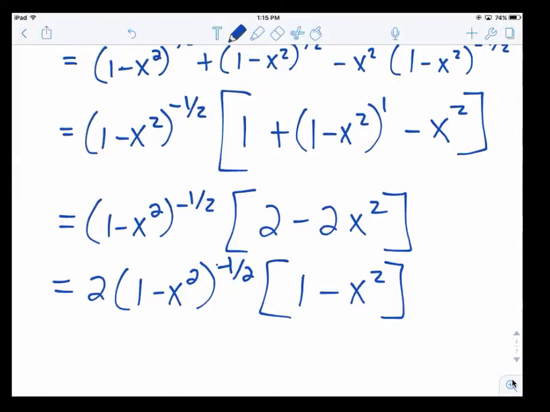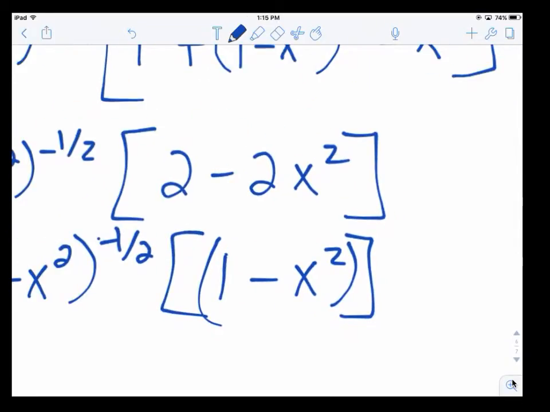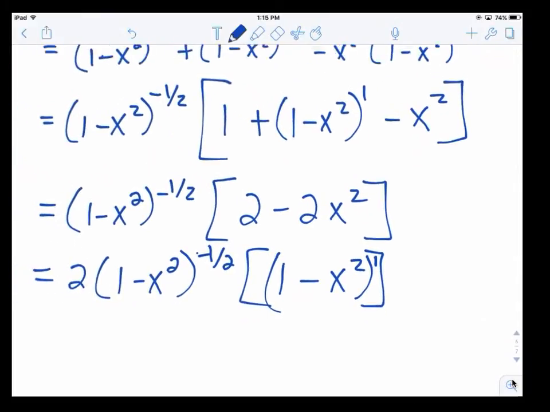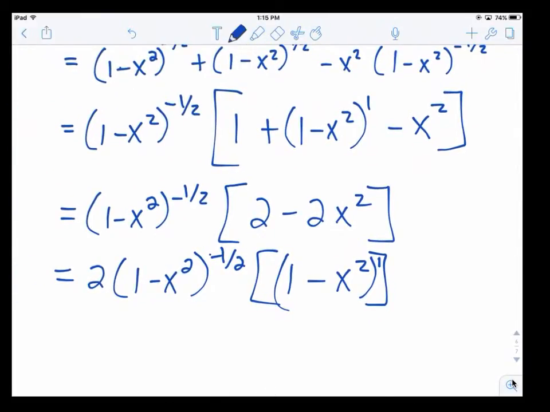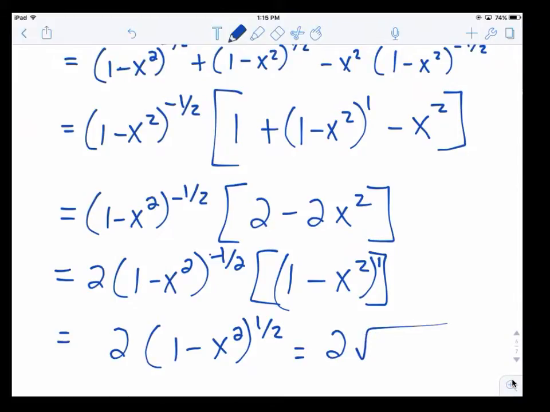This technically has a 1. What would you get if you multiplied this times this? 1/2, good. So you have 2 times 1 minus x squared to the 1/2, which is 2 times the square root of 1 minus x squared. So now you have a single term.